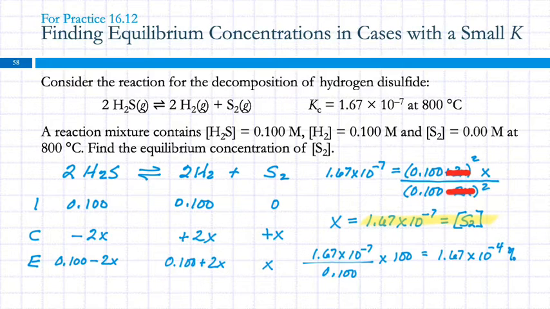So over here, this one is going to be 0.1 minus 2 times 1.67 times 10 to the minus 7. And that's 0.099996. What does sig fig say? That's 0.100. Really hasn't changed.